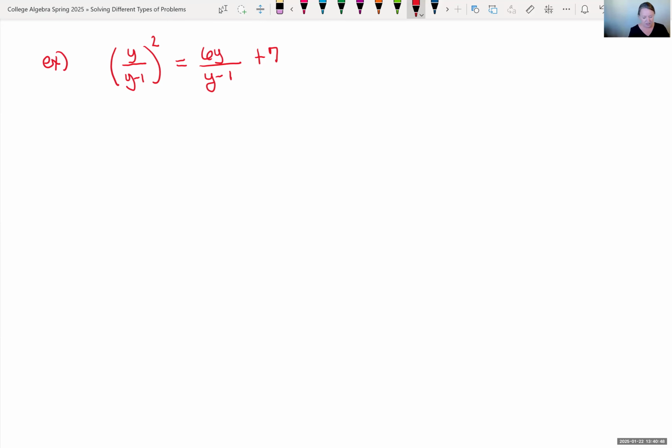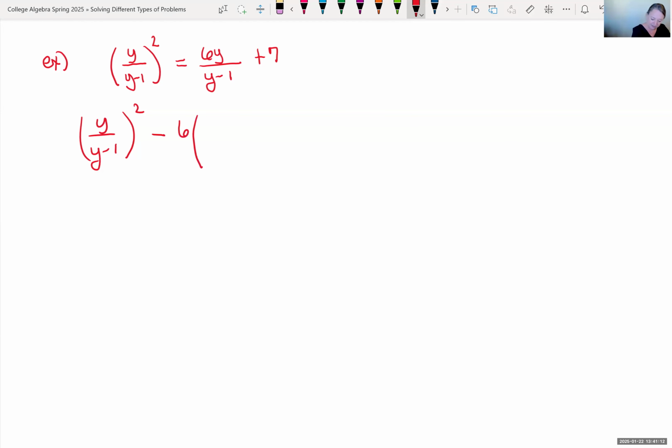Let's rewrite it so everything is on one side of the equation, set equal to 0. We'll have y all over y minus 1, quantity squared. I'm going to move the other terms to the other side. So let's subtract 6y over y minus 1. As I rewrite it, I'm going to write it like this, so maybe it will help you.